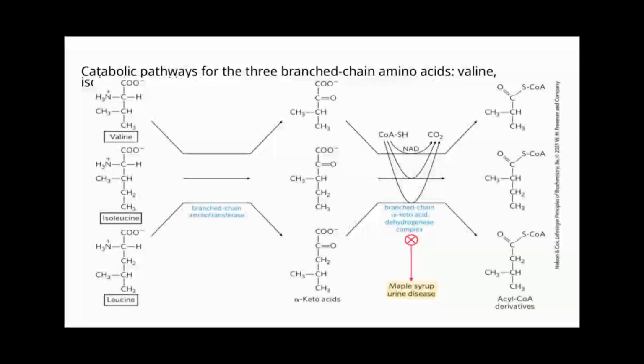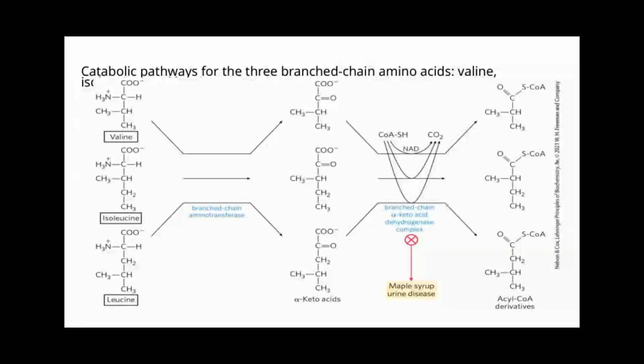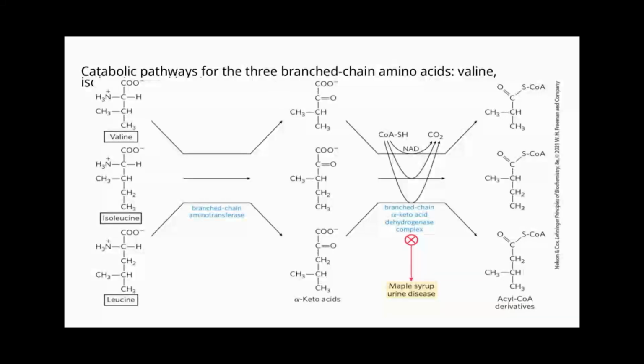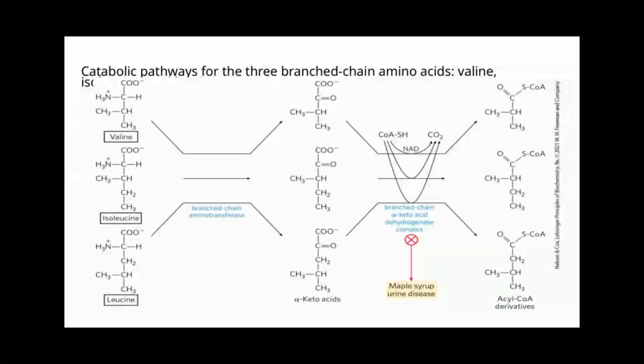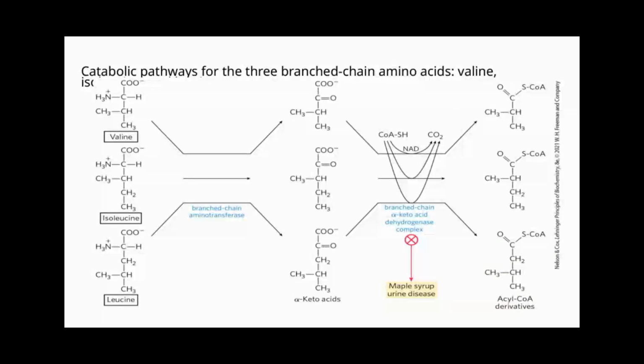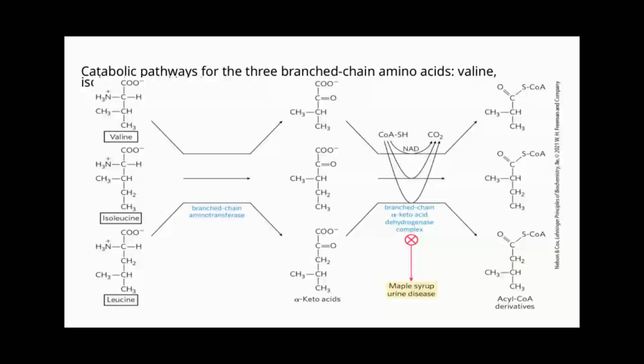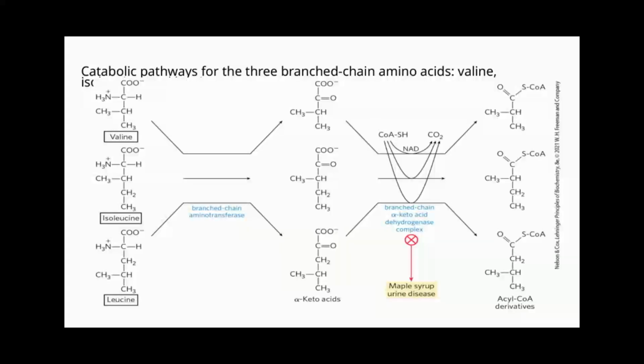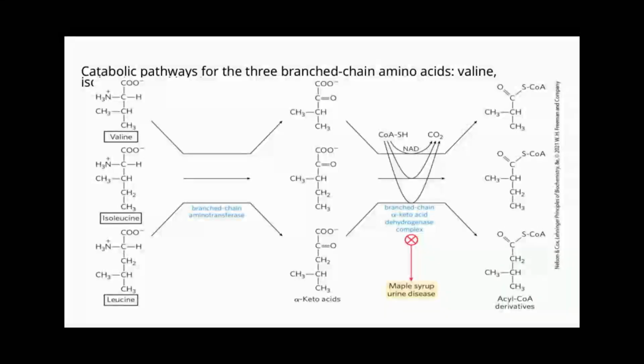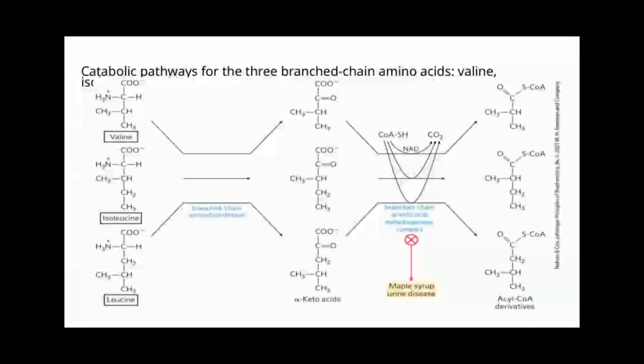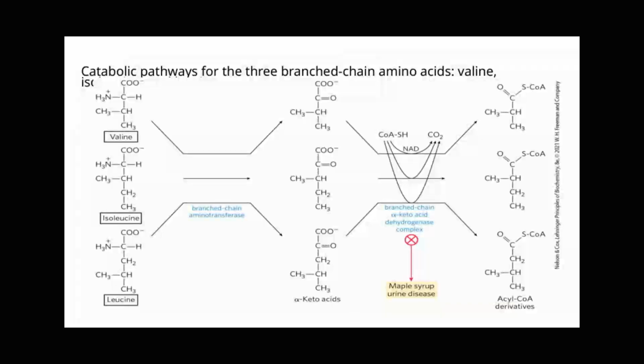Valine is primarily broken down into succinyl-CoA, which enters the citric acid cycle directly. Isoleucine is a bit more complex because it can be degraded into both acetyl-CoA and succinyl-CoA, giving it a dual role in energy metabolism. Leucine, on the other hand, is unique because its breakdown yields acetyl-CoA and acetoacetate, making it a strictly ketogenic amino acid.